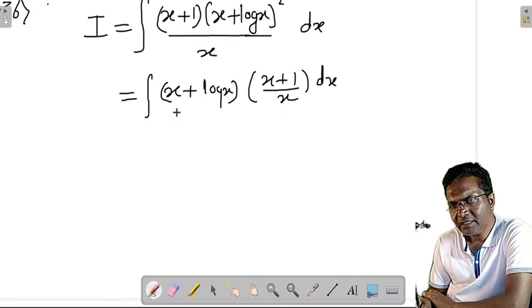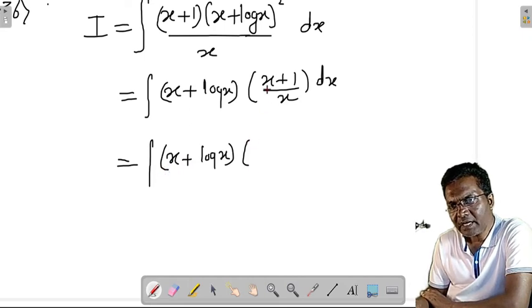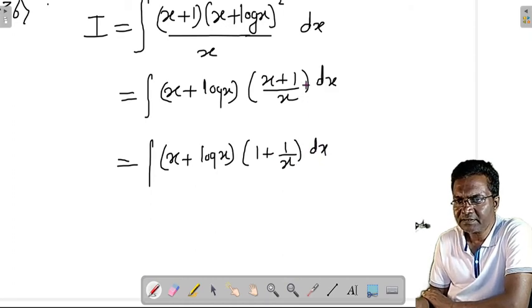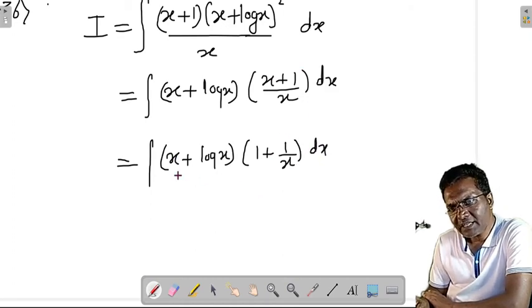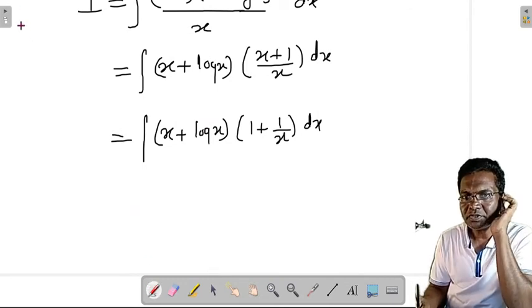Now clearly, for your understanding, in x plus log x, I can write x by x as 1, and 1 by x dx. Now see clearly, the derivative of this is here. The derivative of x is 1, the derivative of log x is 1 by x. So make the substitution.